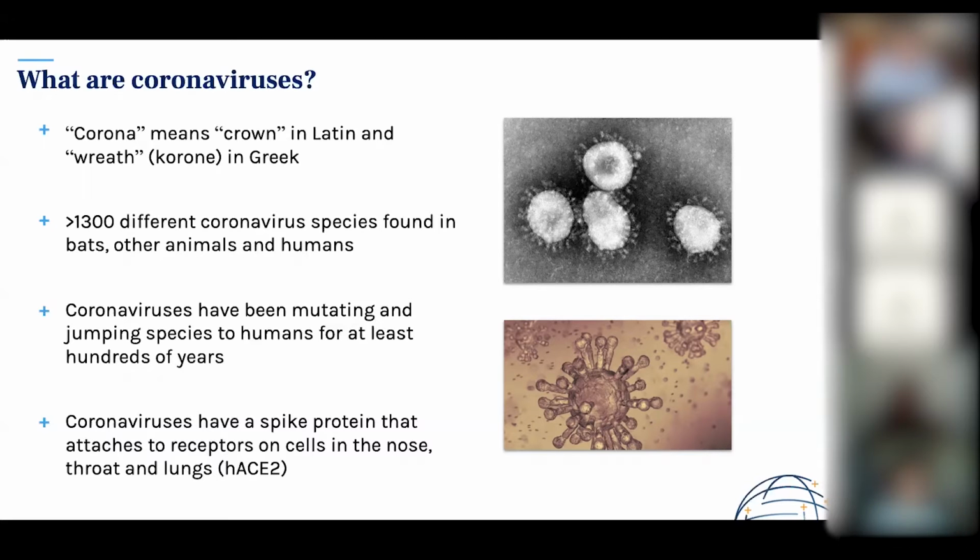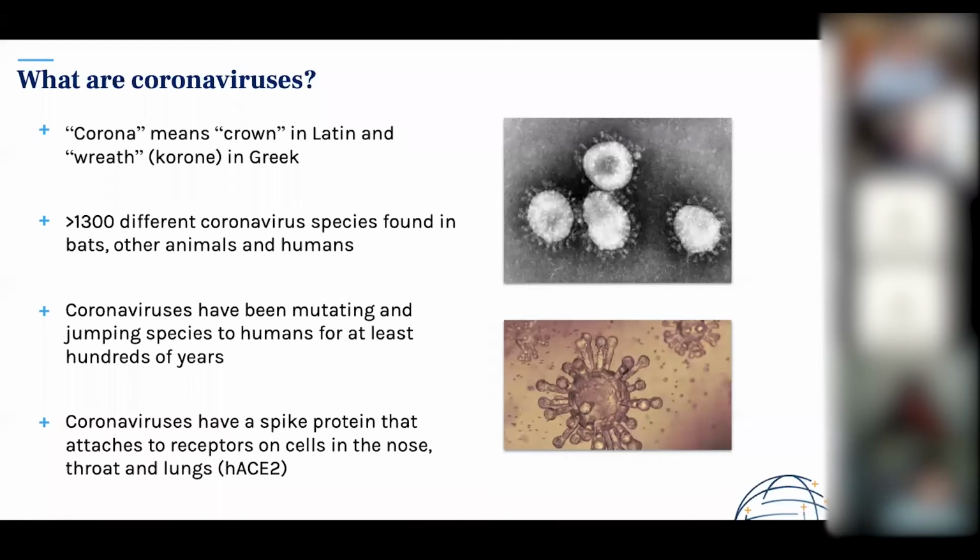So these coronaviruses have been around as long as we have, and they've been mutating and jumping between different animals, from other animals to humans, for hundreds of years that we know of. We have evidence from hundreds of years ago that some of these coronaviruses were causing common cold-like symptoms.